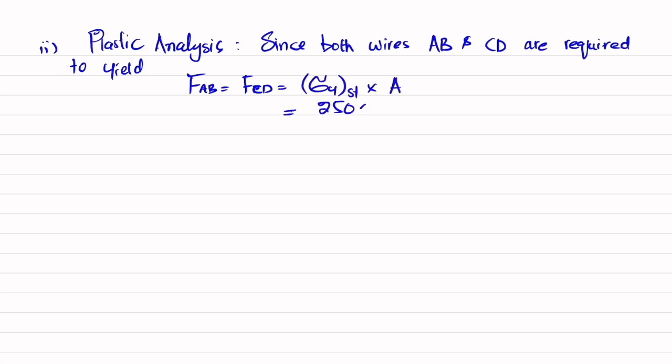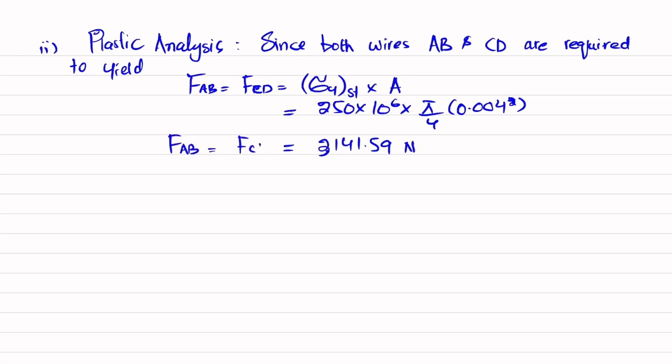So 250 is the value of yield stress multiplied by the area, pi by 4 d square, and d is 0.004 square. So when you solve this, you will get the value of forces in both wires as 3141.59 Newton. This will be equal to FAB and equal to FCD.